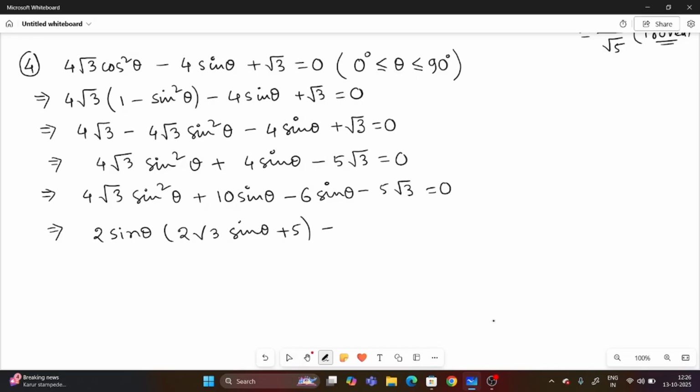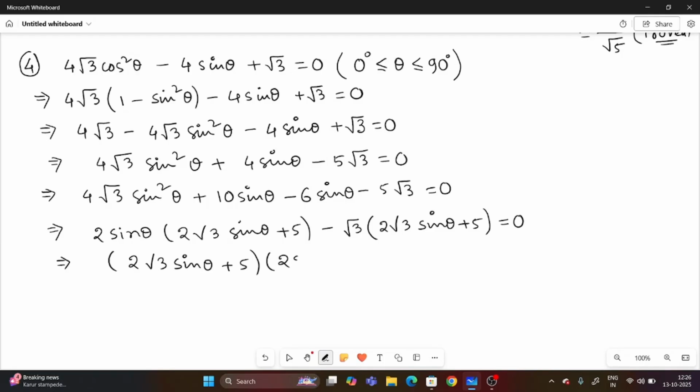From the third and fourth term minus root 3 is common, and within the bracket we are getting 2 root 3 sin theta plus 5. So we get the complete factorization: 2 root 3 sin theta plus 5 multiplied by 2 sin theta minus root 3 is equal to 0.